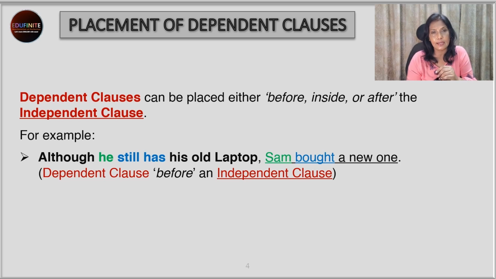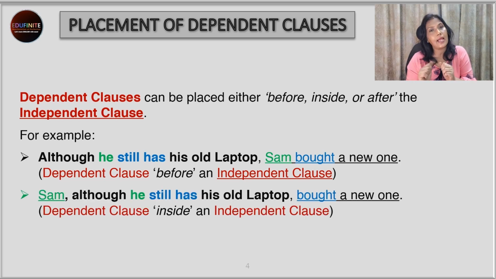Well, in the next sentence, Sam, although he still has his old laptop, bought a new one. So what have we done? We have separated the subject of the independent clause and inserted the dependent clause and then written the whole sentence. So how does it go? Sam, although he still has his old laptop, bought a new one.